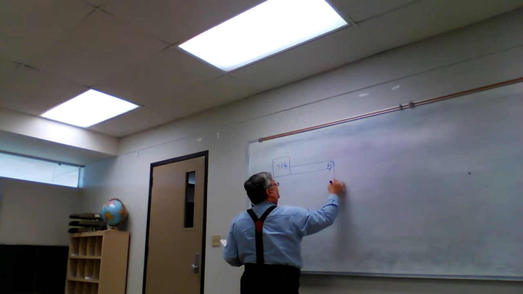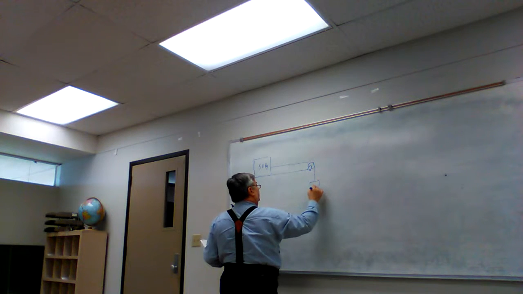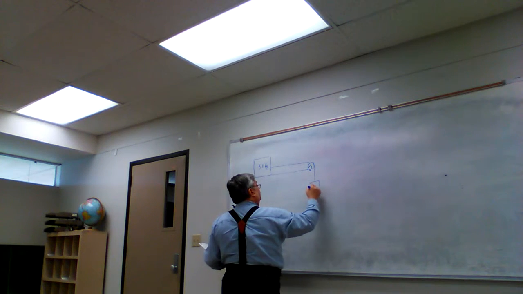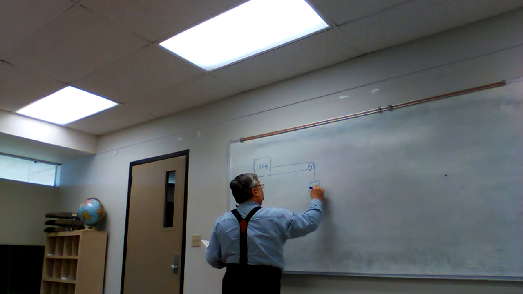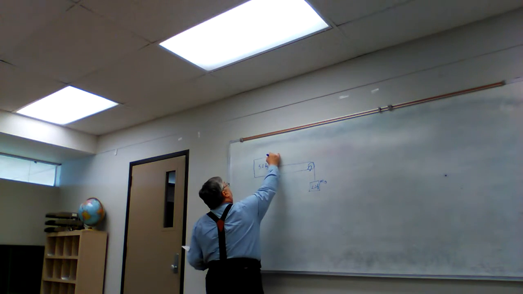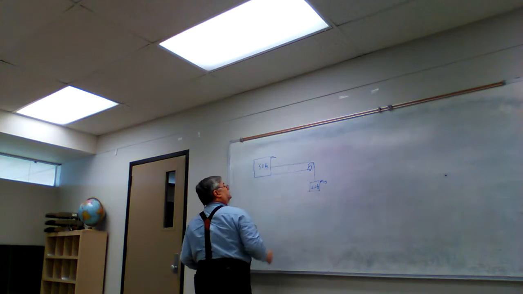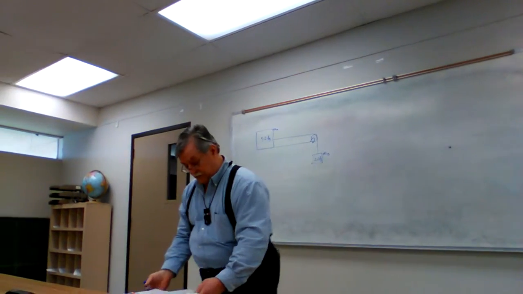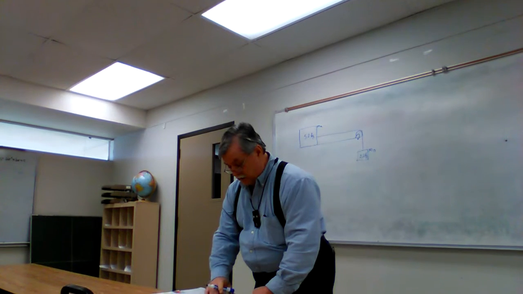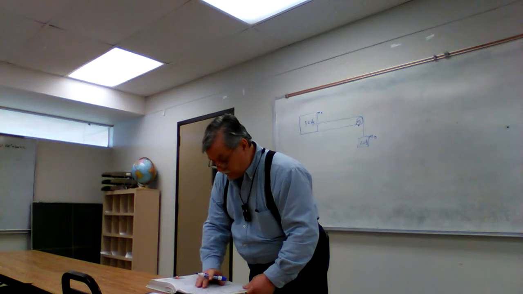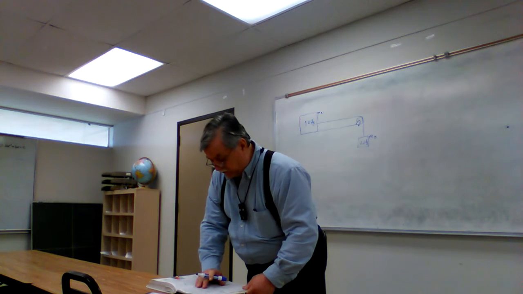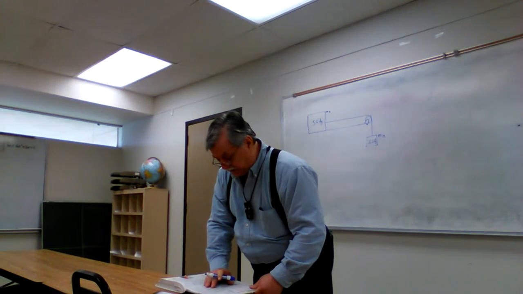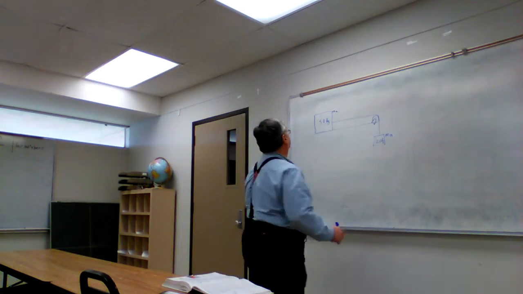And there's your second box of 2 kilograms. Mass B, mass A. Now, we also know the coefficient of kinetic friction between box A and the table is 0.20.